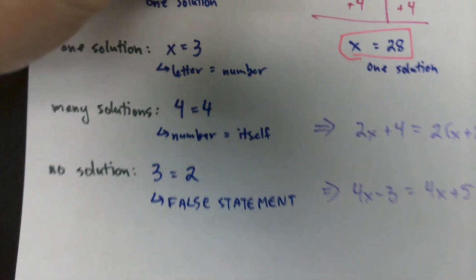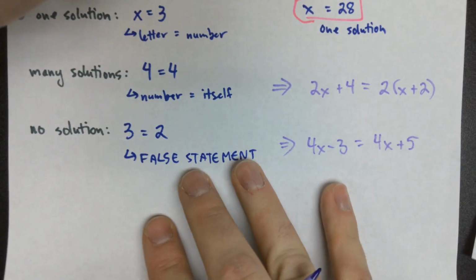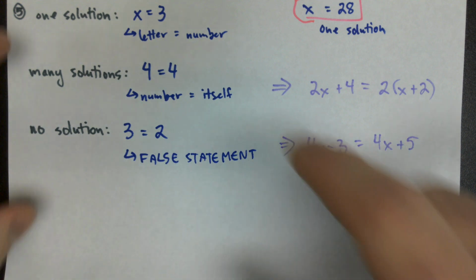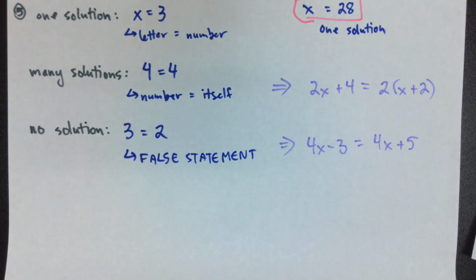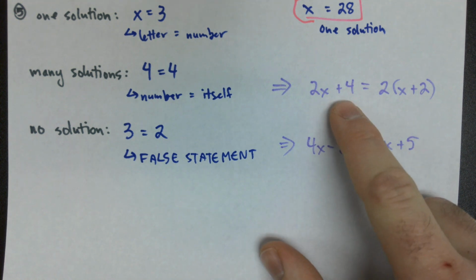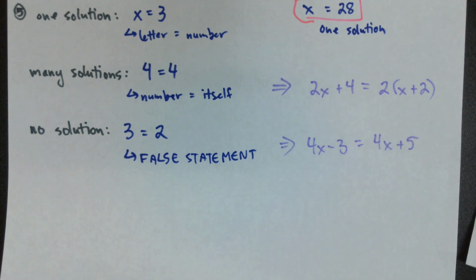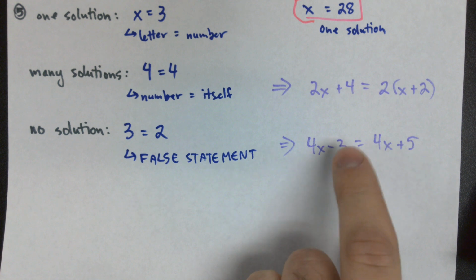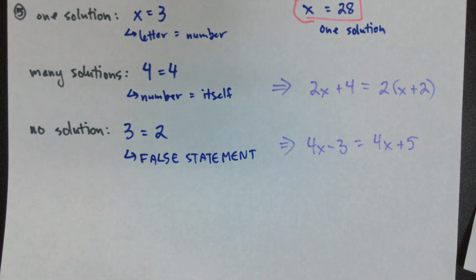Just two simple examples if you want to write those down and try them out on your own. Because a lot of times when you see these different solutions, right, you see 4 equals 4, and you're like, I don't even know how I would get something like that. Try out this example on your own and see. You will end up getting many solutions here, and you will end up getting no solution with the second example.